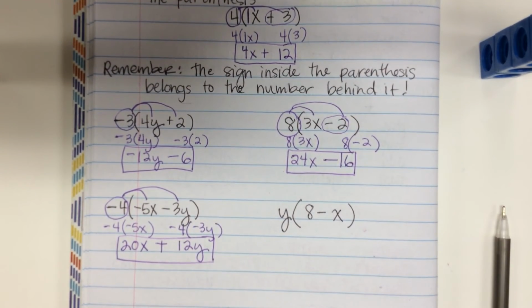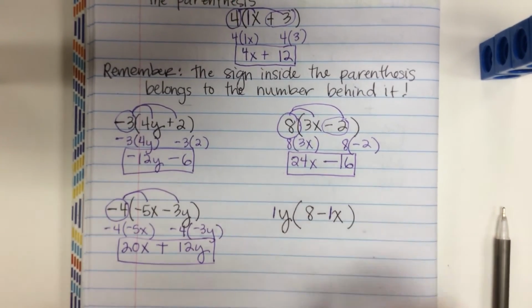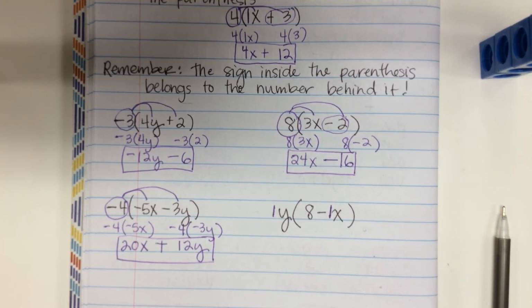Y times 8 minus x. To begin with, I'm going to put a 1 in front of all of my lonely variables. We never want them to be alone. Give them a friend.